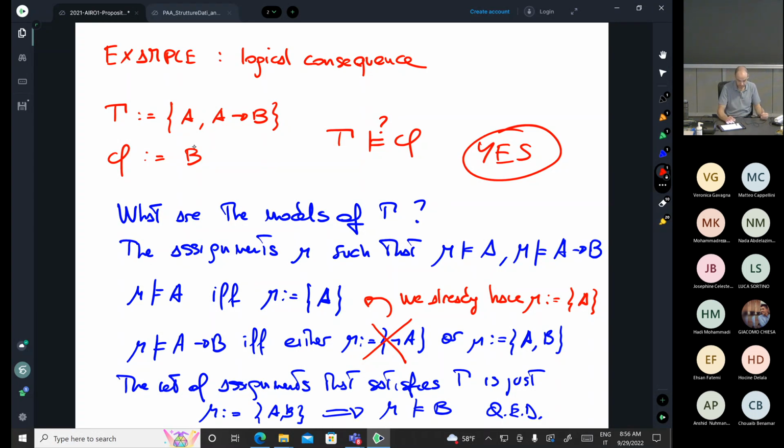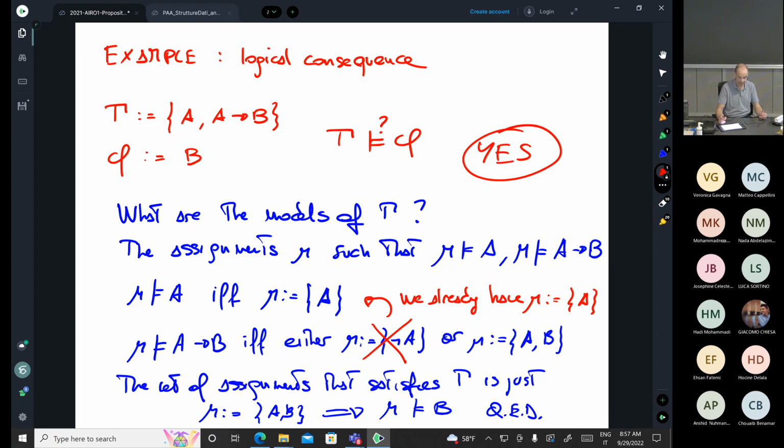So again, we have two formulas, A and A implies B, and this is our set gamma, and then we have our formula phi, which is just B. For this simple example, our intuition is that B should indeed follow from the fact that you know A and you know that A implies B. But then we work it out through the definition.